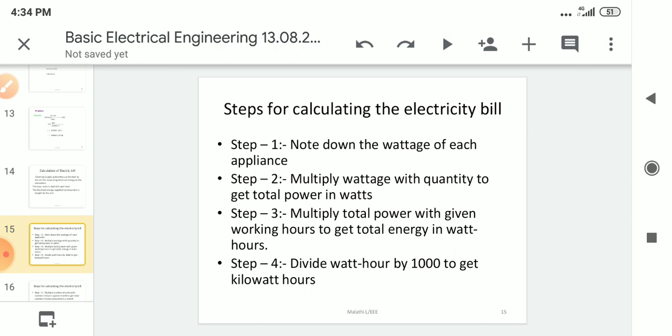After that, multiply total power with given working hours to get total energy in watt hours. Next, divide watt hour by 1000 to get kilowatt hours.